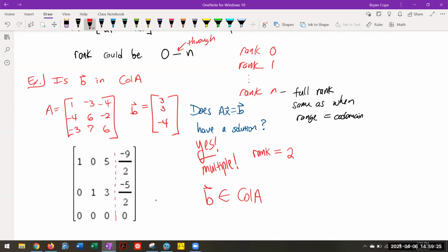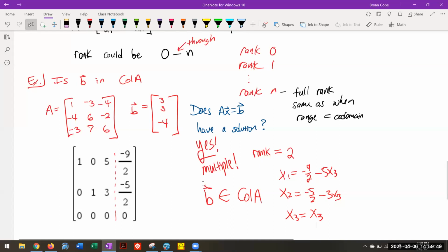Because AX equals B has a solution, there are scalars that we could find to put on the columns of A to reach B. Want me to show you one? Here, look. X1 equals -9/2 minus 5x3. X2 equals -5/2 minus 3x3, and X3 equals X3. So let's pick a value for X3.